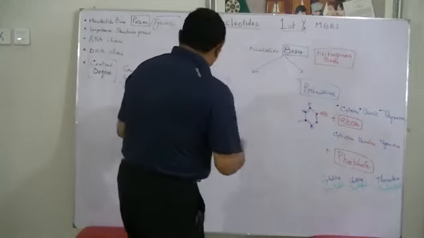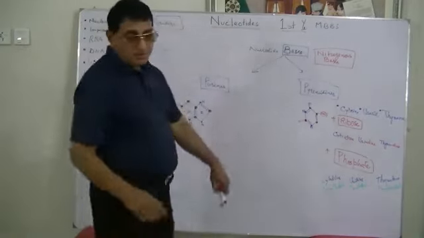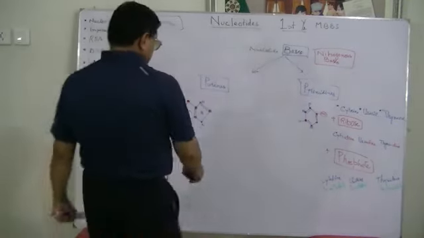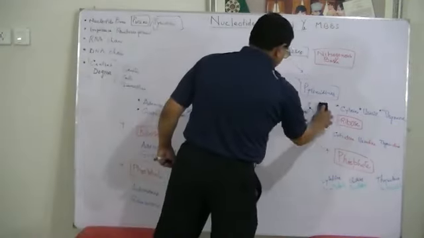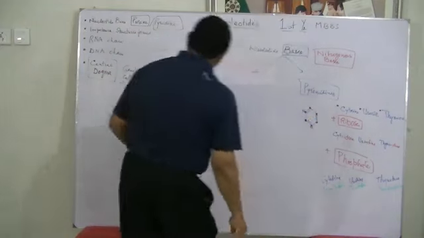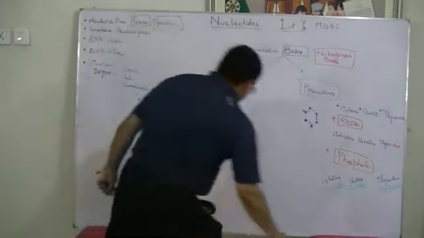So these are minor variations which lead to these compounds. You can always check it. So these are nitrogenous bases. This is the parent structure of purines and pyrimidines.